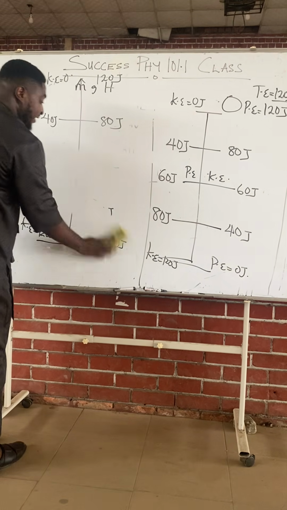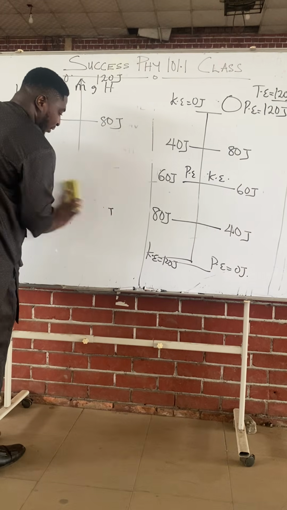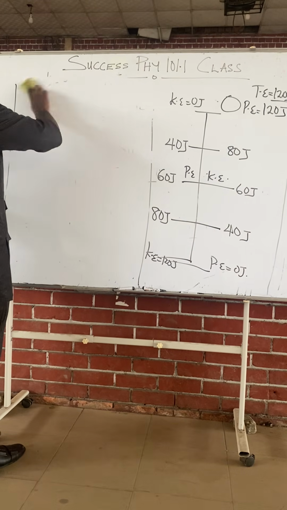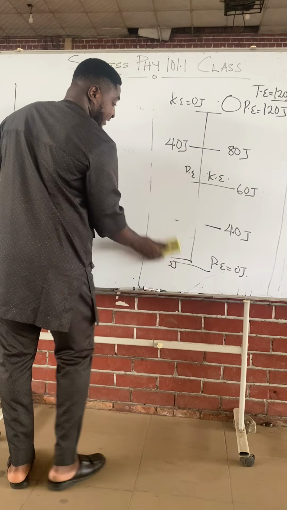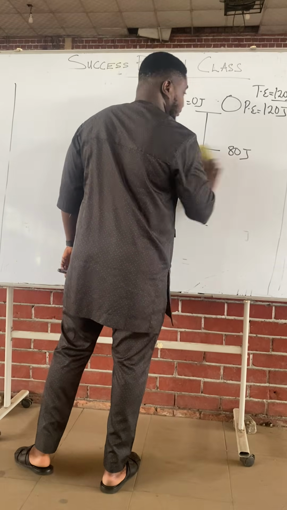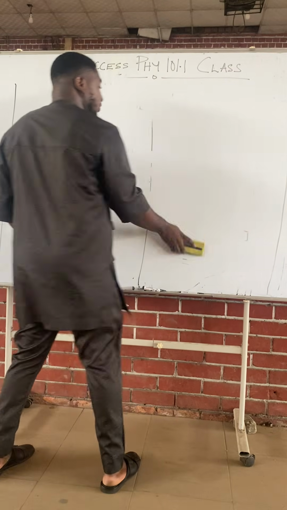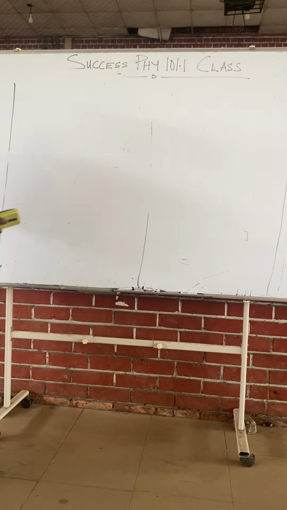The product of force times distance all over what? Time. You have power. Force times distance all over time. So power is work done all over time.